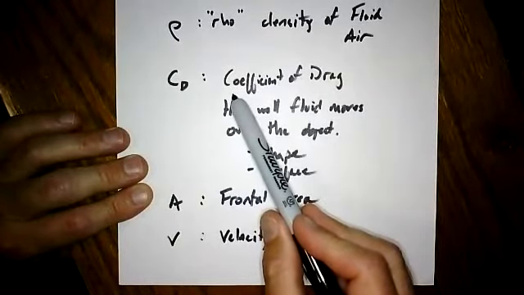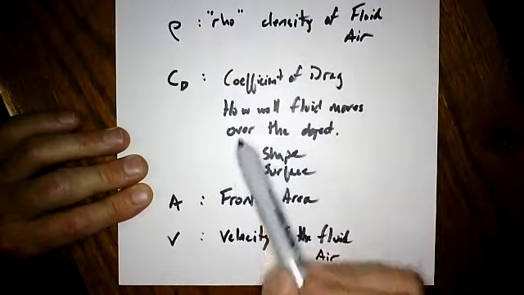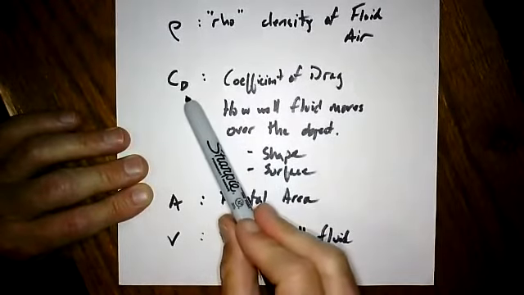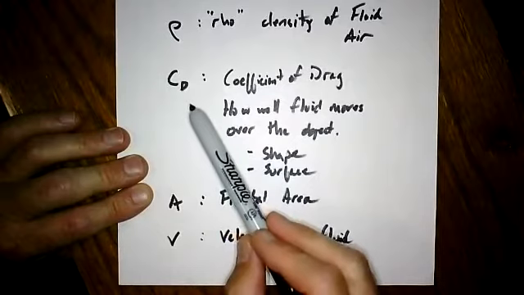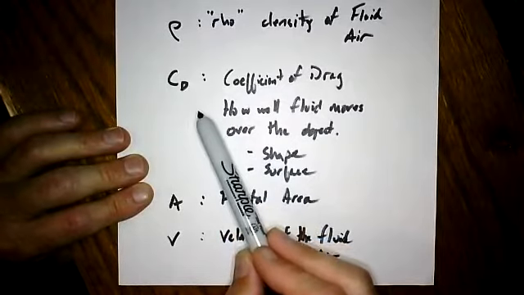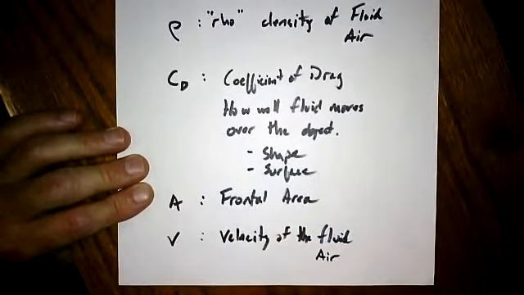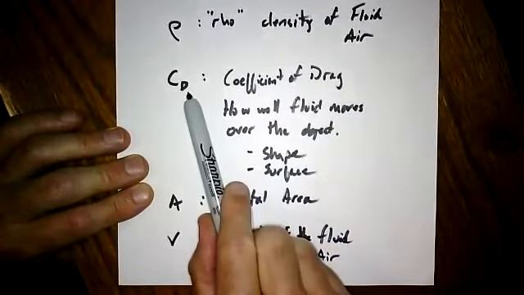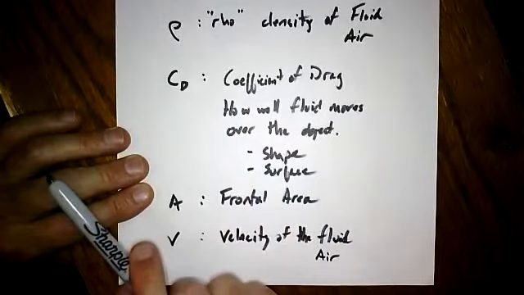So for example, if you're riding in an upright position, your frontal area would be big and your coefficient of drag would be some number. But if you drop down into a low position, you drop your head down, you get into an aerodynamic position, your frontal area goes down. That change in shape also influences CD.